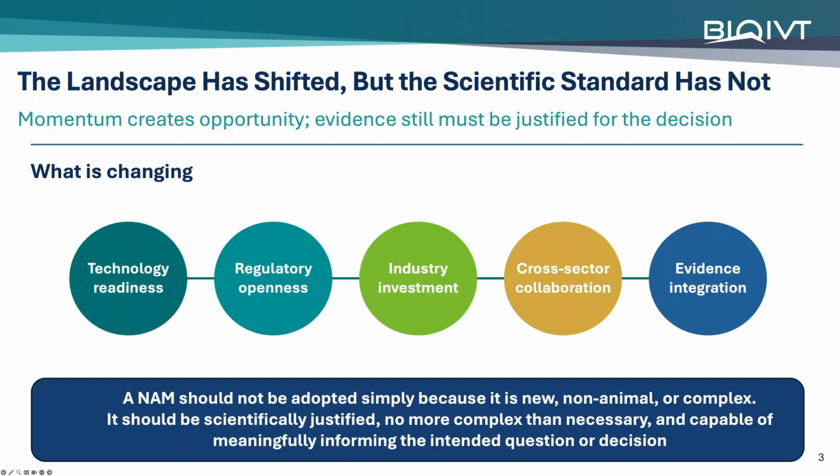Conversely, a relatively simple experimental system can be extremely informative if it captures the exact biology required to answer that question. So while the landscape is shifting, the fundamental scientific standard is not. The approach still has to be justified. We still need to understand what biology is representative, how consistently the system performs, what the limitations are, and what conclusions the data can reasonably support.